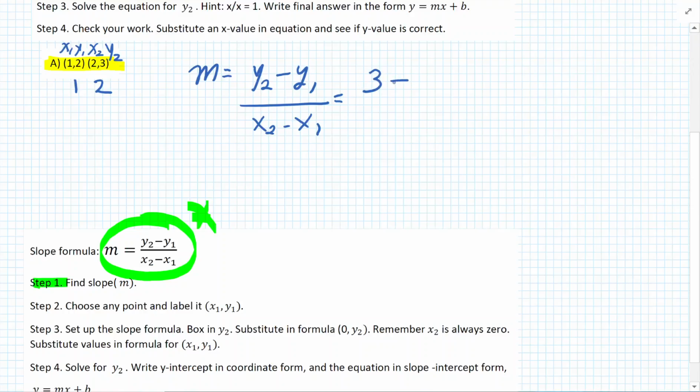Our y1 value is 2, divided by x2, which is the number 2, subtract x1, which is 1.